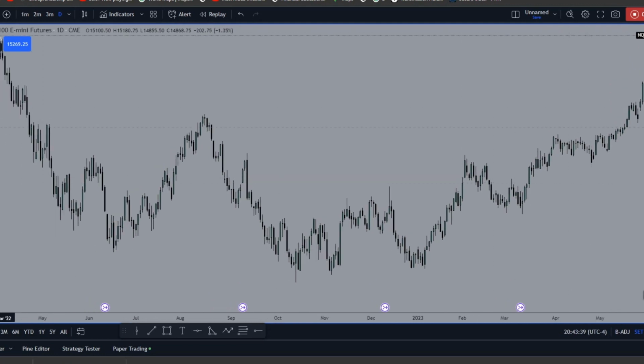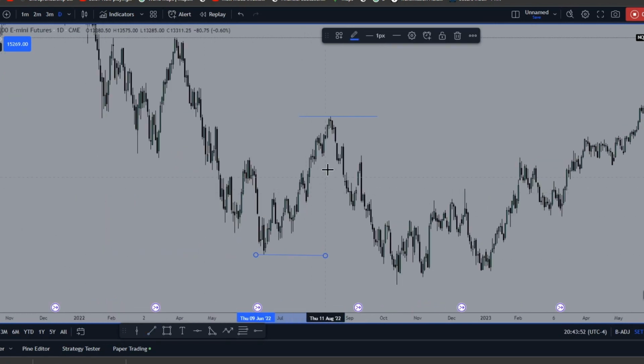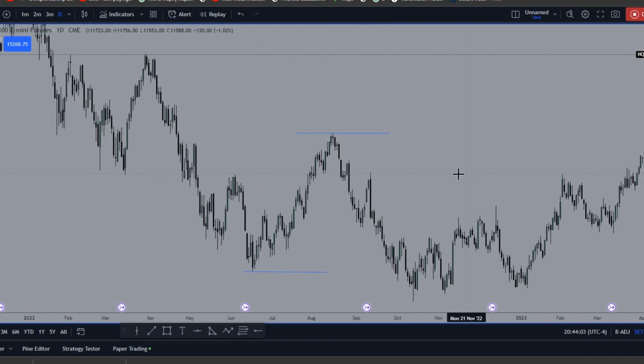You've got this major high, this major low. This is the last range before we went and made the last low. So you're looking at this range. If you're bullish, you're looking to buy under there.